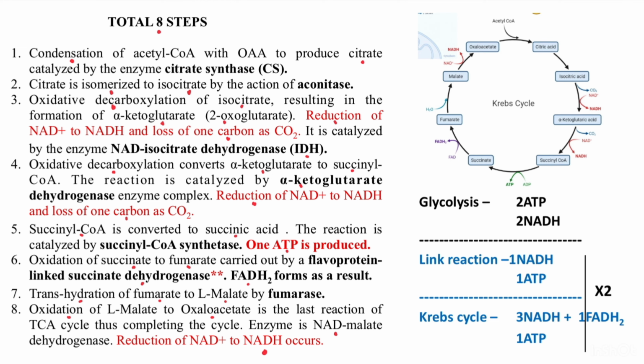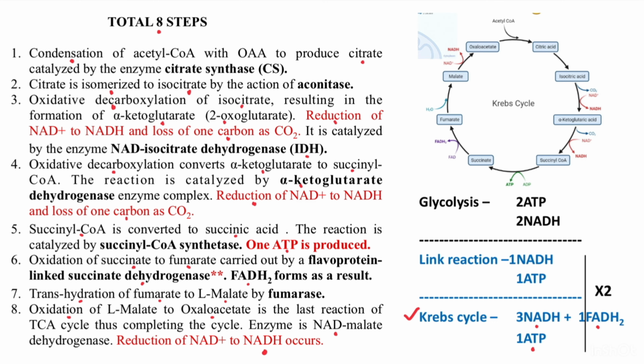Now, let us look at the energy status of the glucose molecule which has been processed through glycolysis and link reaction and is now also processed in Krebs cycle. In Krebs cycle, you have production of 3 NADH, 1 FADH2, and there is production of 1 ATP.